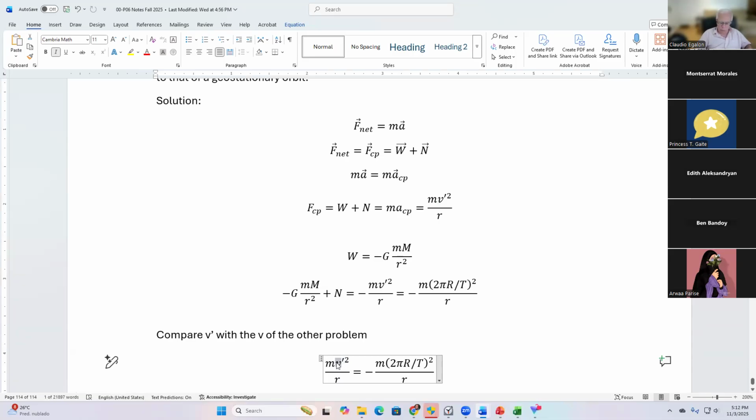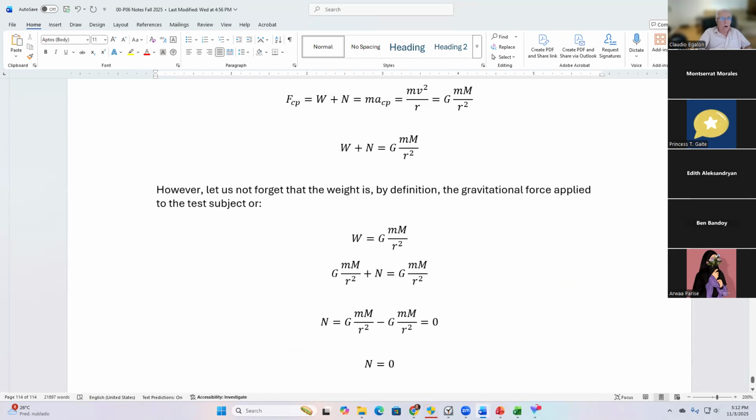We're going to have our break very soon. V prime is 2 pi r over t. Don't forget, r is the radius of the Earth. And the other V, let's see here. The other V is this one, related to this one here, right?